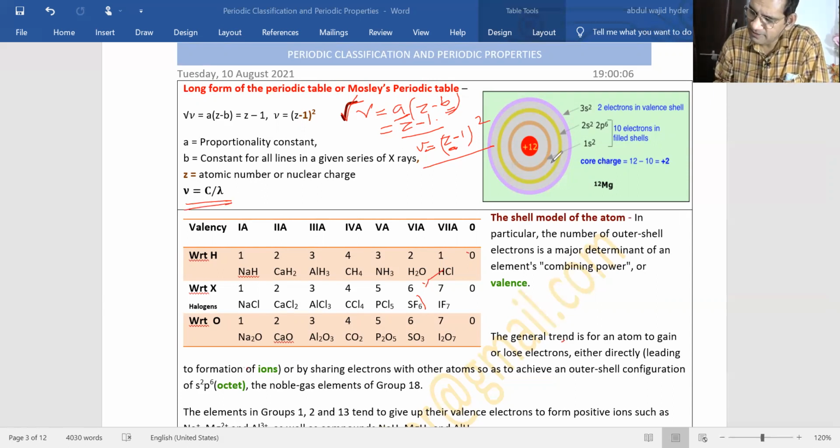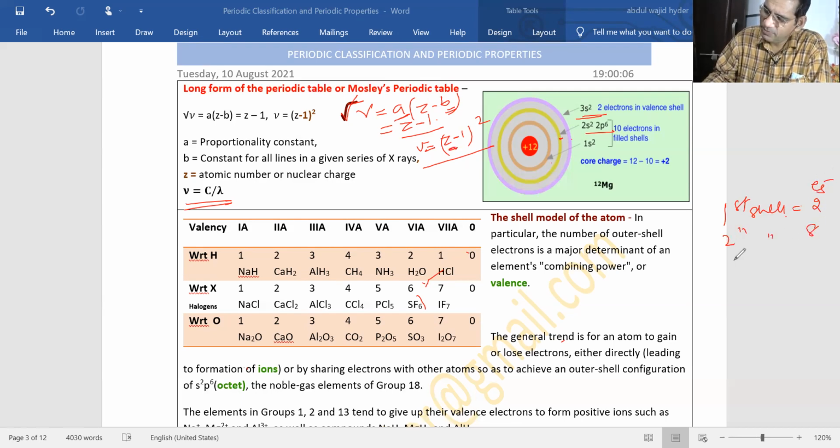This is the first shell, this is the second shell, this is the third shell. In the first shell, maximally 2 electrons can be accommodated. In the second shell, it is 8. In the third shell also, it is 8.